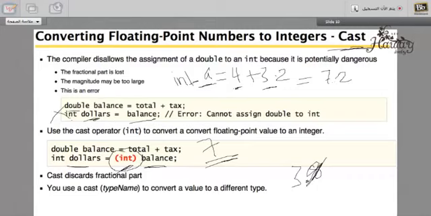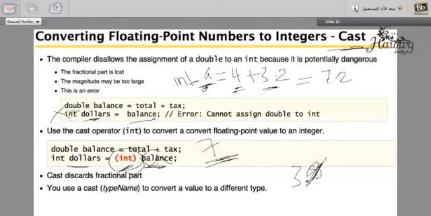So, for example, if you have 4, which is an integer, plus a double, 3.2, and you want the result a to be an integer, you don't want it to be a double, you're going to have to convert. You're going to have to use the syntax int before a, in brackets. So the result here will be 7.